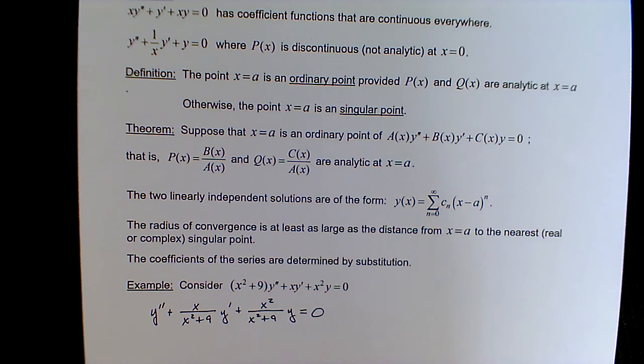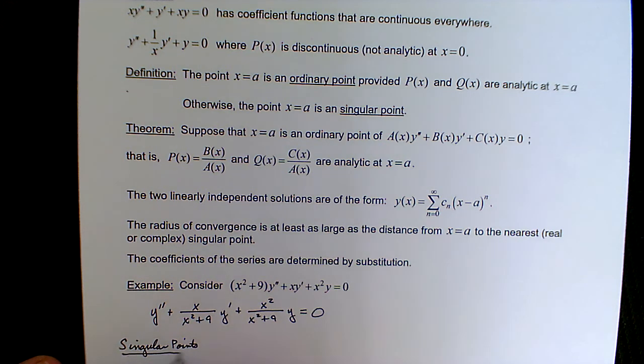So you can see that p and q are both not analytic when x squared plus 9 is 0. That's basically what we're defining to be our singular points.